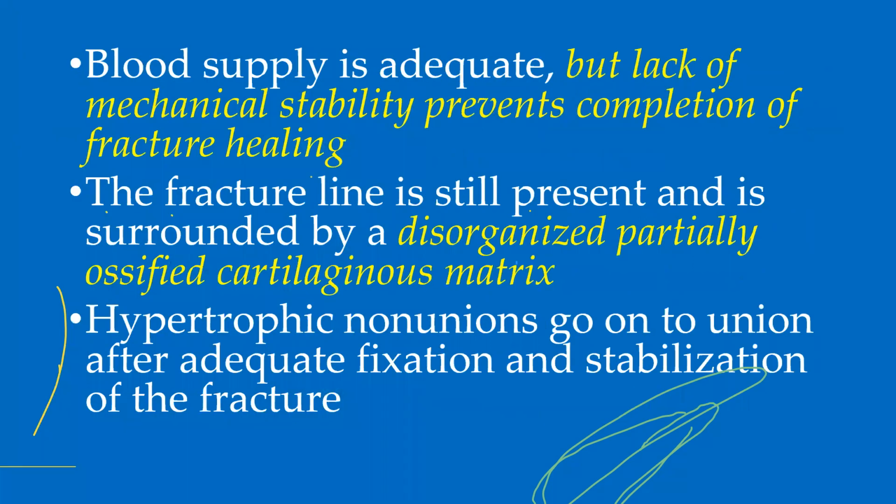Blood supply is adequate. They lack mechanical stability, and this prevents the completion of fracture healing. The fracture line is still present and is surrounded by a disorganized, partially ossified cartilaginous matrix.